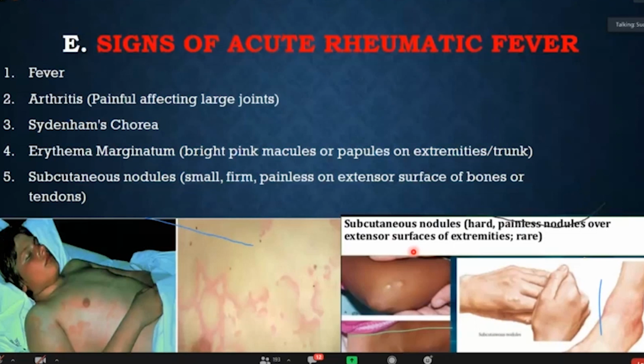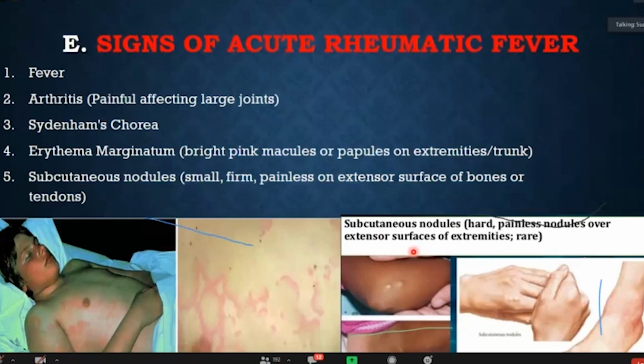And second, look for signs like fever and then arthritis. I'm not going into the detail because rheumatic fever is a book in itself. You cannot discuss it in one hour. So usually it is a typical polymigratory arthritis. The latest criteria of rheumatic fever, all of you should know. It is no longer what we used to discuss.